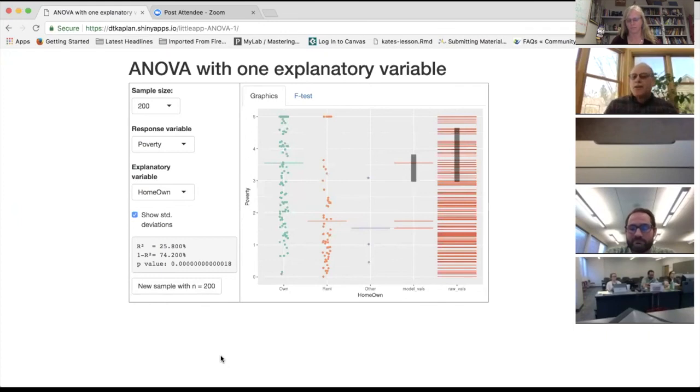The other answer is no, we wanted to keep each app pretty streamlined. So there's another app, the T-Test app, which doesn't have this F stuff in it, but which does let you show the confidence intervals on the mean and show how those vary with size. And then another app about regression, which lets you see both slopes and confidence bands, but doesn't give you means, and only works for two quantitative variables.